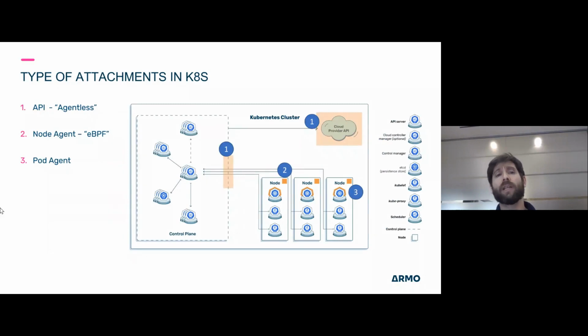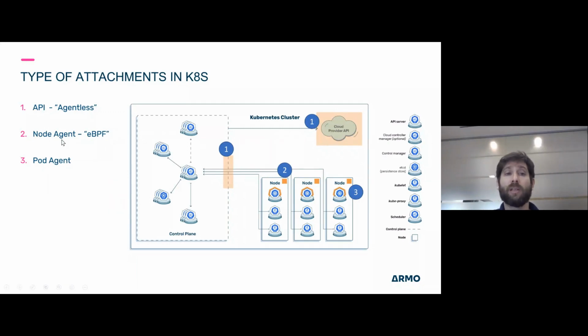I will try to categorize it into three categories. Basically, we have the agentless approach. You can see it here, where you connect to the API server or to your cloud provider API, and you are able to consume and use the API to get data and to take decisions upon this data.